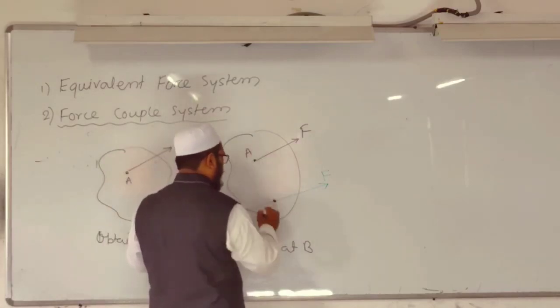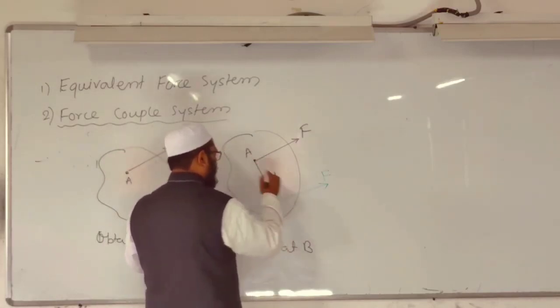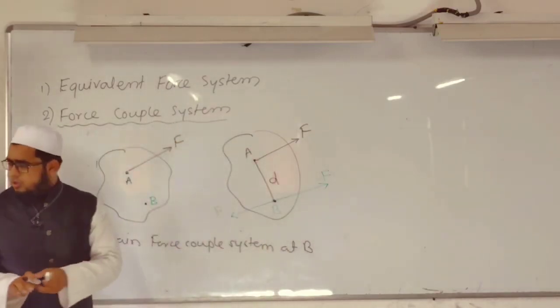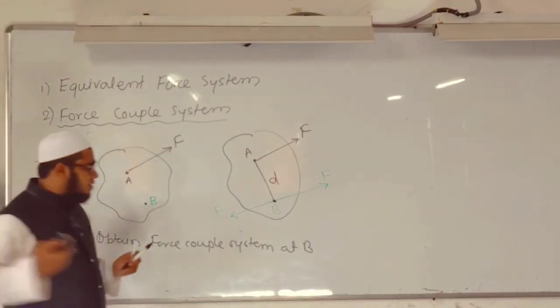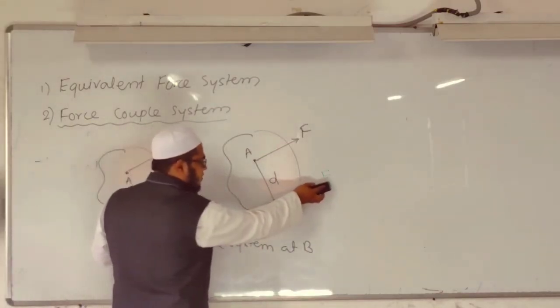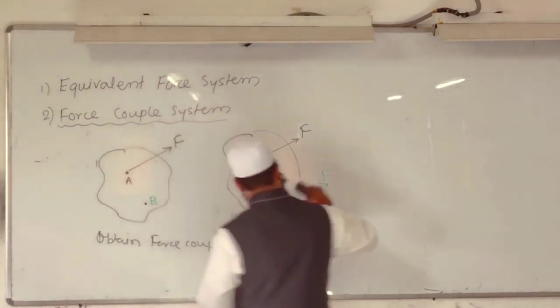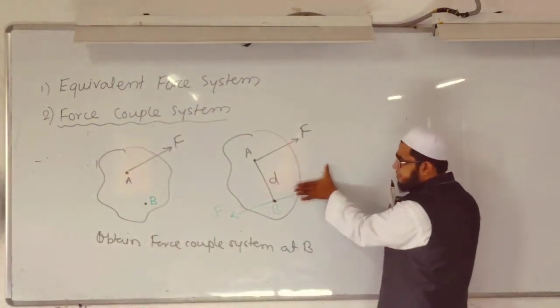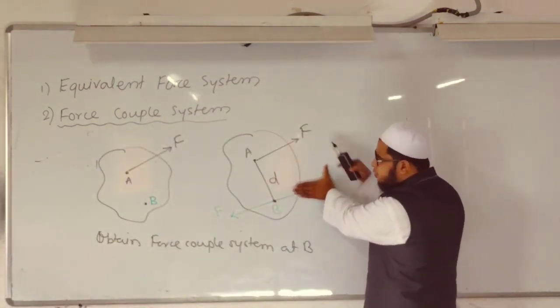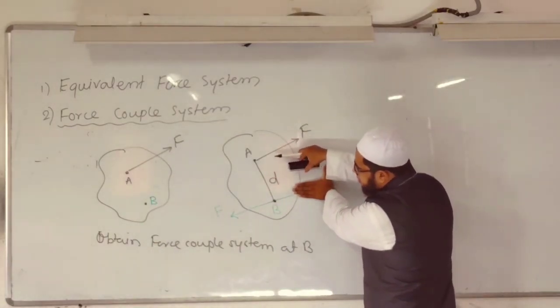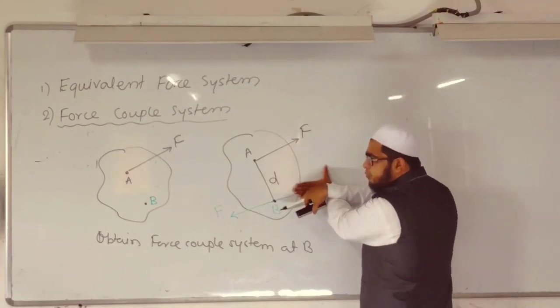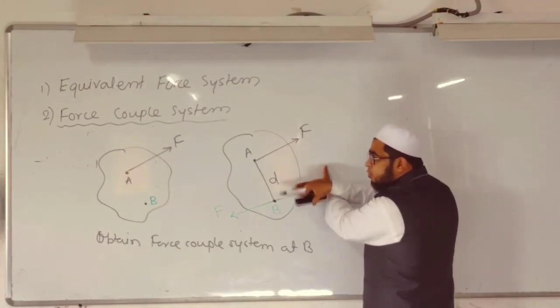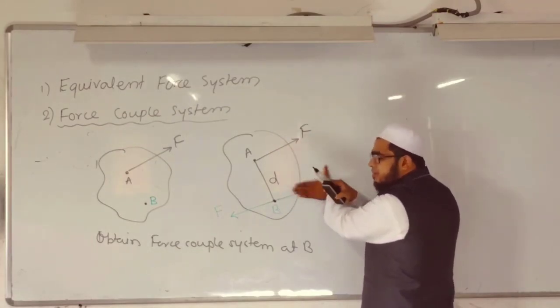If the distance between points A and B is d, then for a few minutes hide this force F1. Now the force system is force F acting at A and another force F acting at point B. Both are parallel to each other, separated by a finite distance.